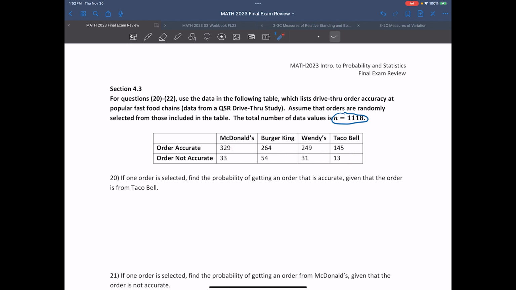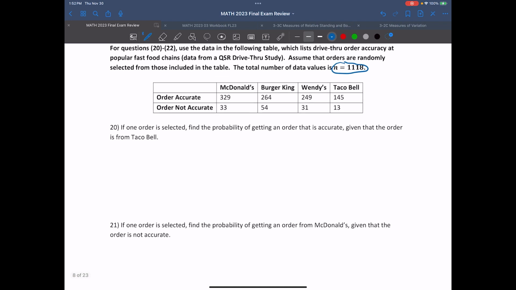So you can see there are 329 orders from McDonald's that are accurate. In the same way, there are 13 inaccurate orders from Taco Bell. So if you added up all of these different cells in the table, you would end up with the 1,118. So that's just a little bit of a bypass of some computation if we read carefully.